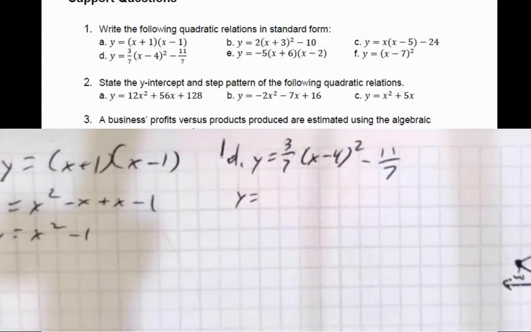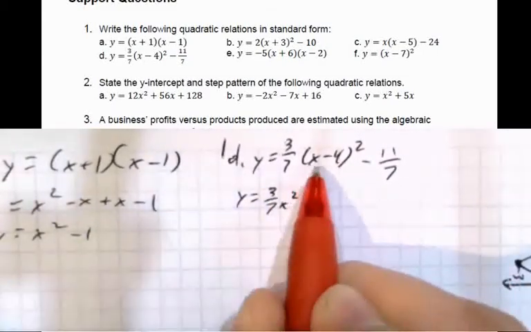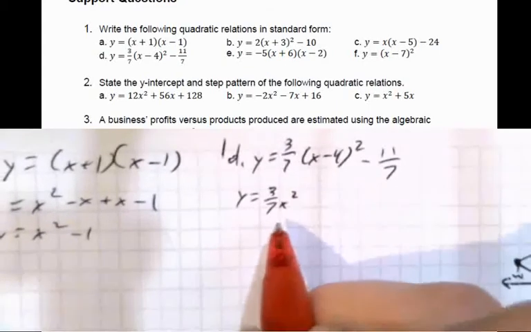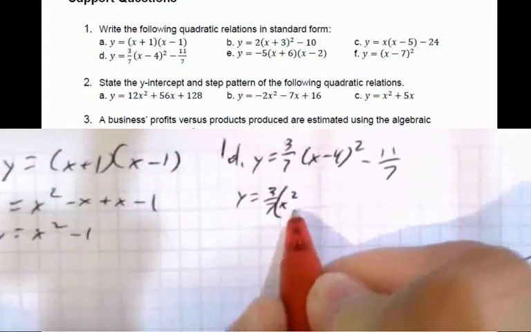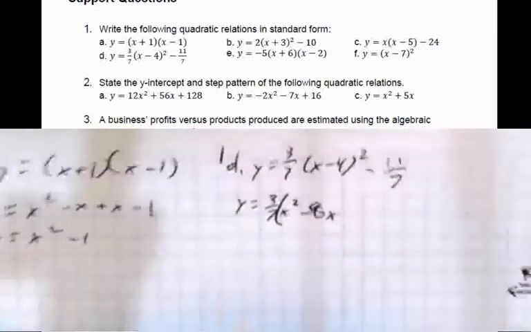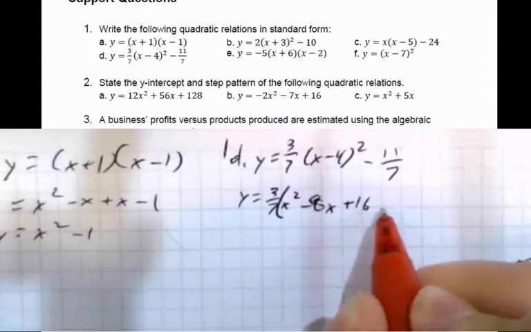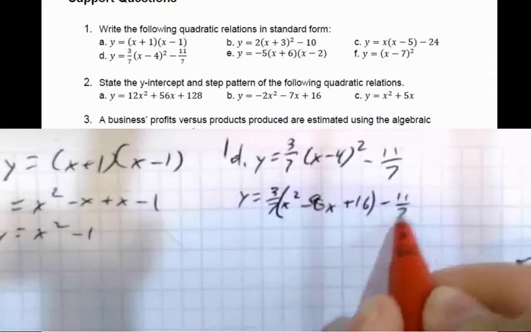So after we expand this, we'll get 3 over 7 x squared. Actually, I'll just do this in steps here. We have minus 8x, and we have plus 16, minus 11 over 7.